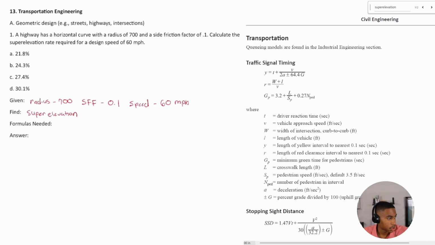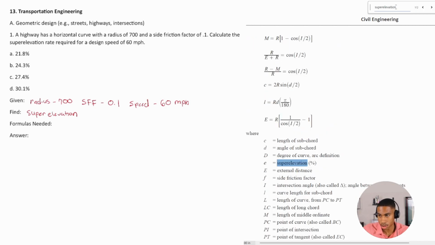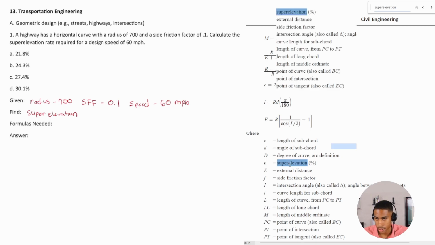Can we use a formula for this? Well, the first thing I would do is search super elevation in my FE handbook. So two things come up, and the first one shows what super elevation stands for. So it looks like it's represented by the variable E, and it's a percentage.